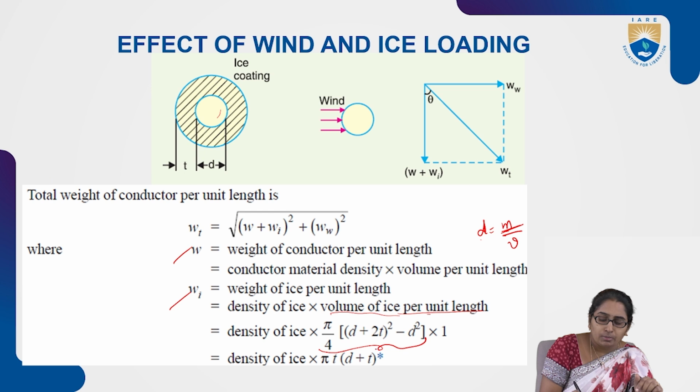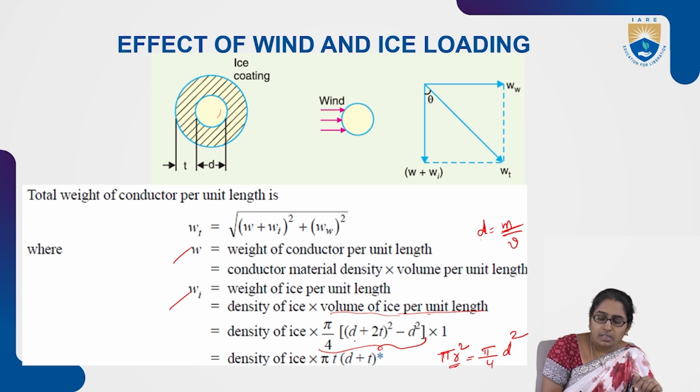So how is the area of the ice coating calculated? Pi r square, right? If we write in terms of d, the radius is d by 2, so pi by 4 d square.